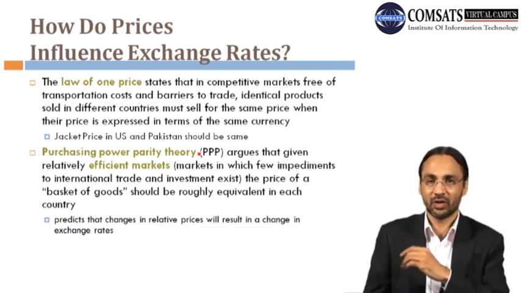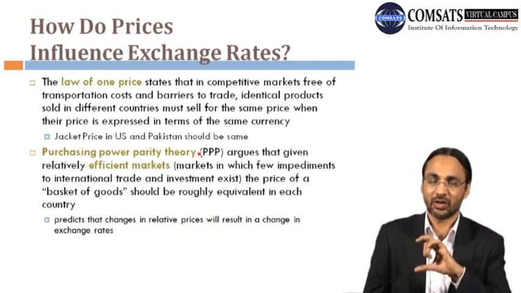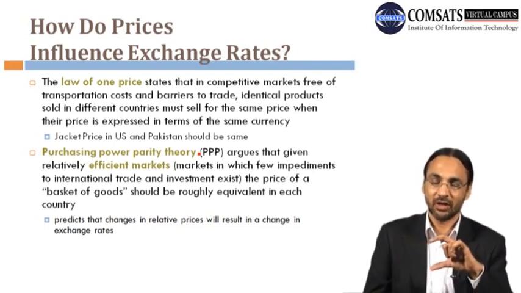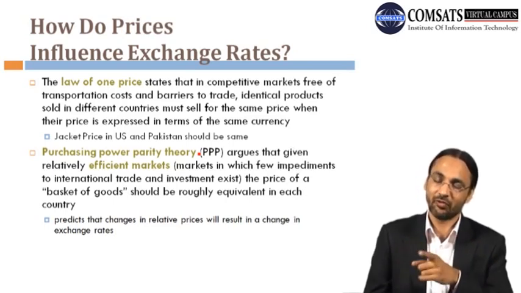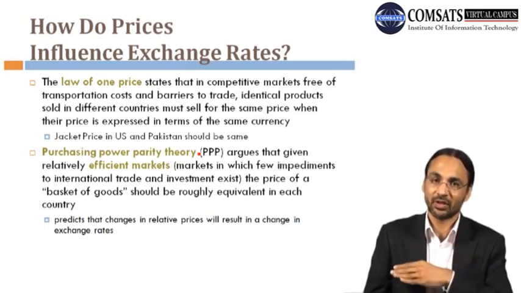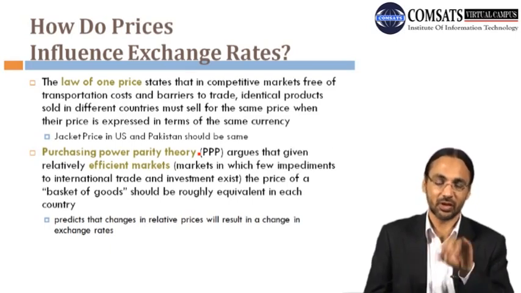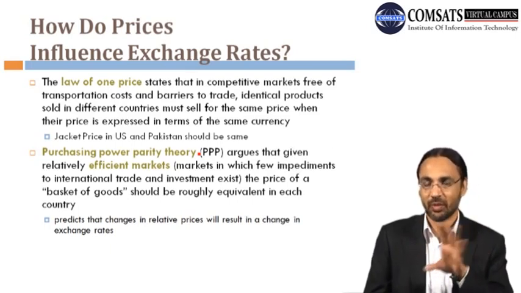On the other way around, if the price of a Big Mac in USA is $2, it should be 200 rupees here. But if we don't have 200 rupees here, if we have 300 rupees, that means this difference from 200 to 300 will change the exchange rate between the Pakistani rupee and the US dollar. This is the basic theme of purchasing power parity.